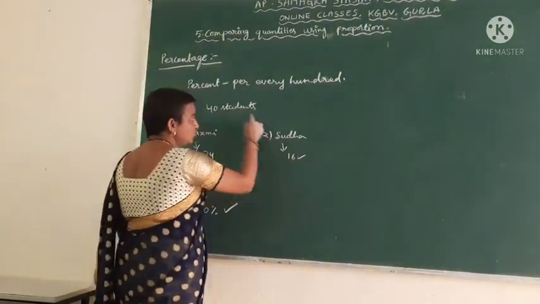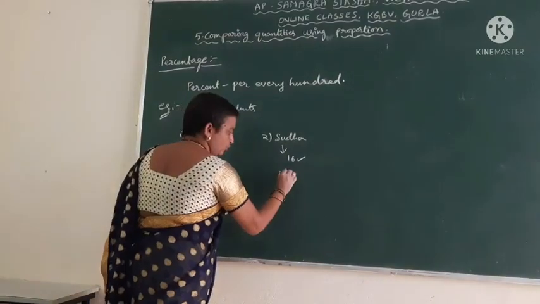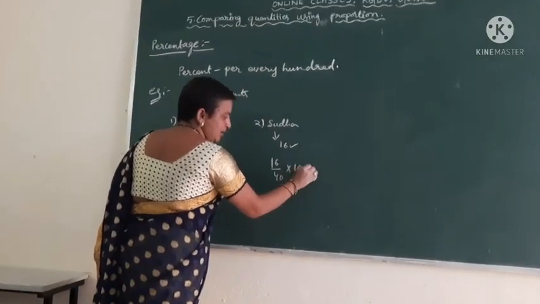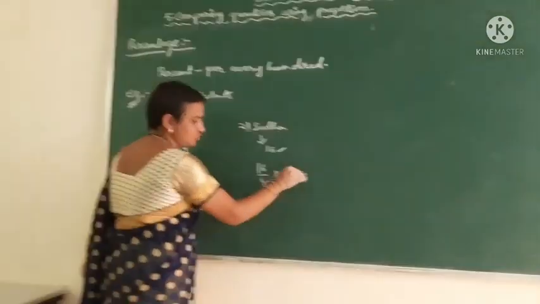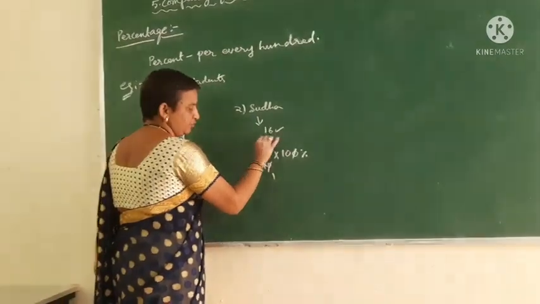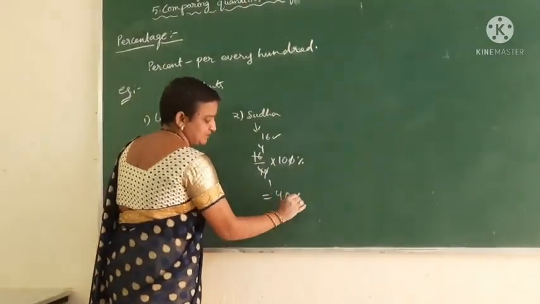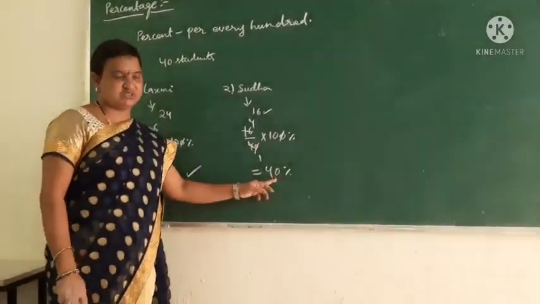Now coming to Sudha. She got 16 votes out of 40 votes. So we have to find 16 by 40 into 100%. In the same way, we simplify: 4 fours are 16, 4 tens are 40%. So Sudha got 40% of votes.